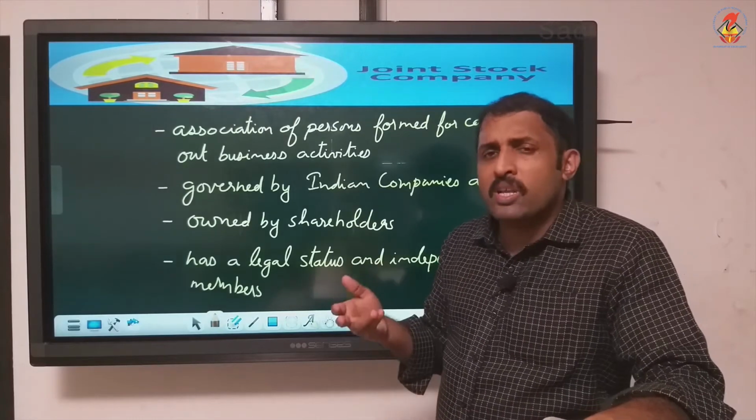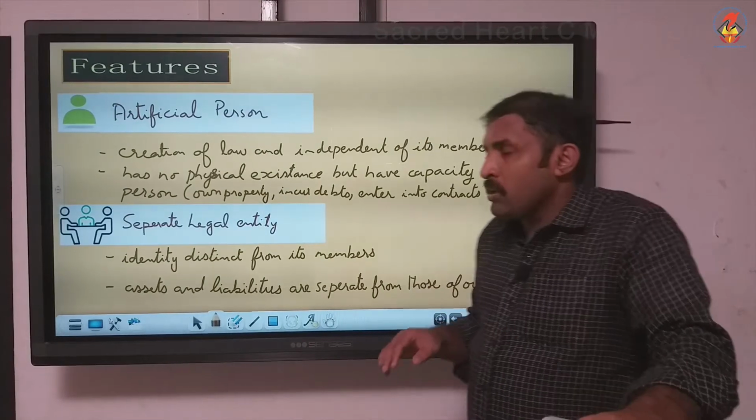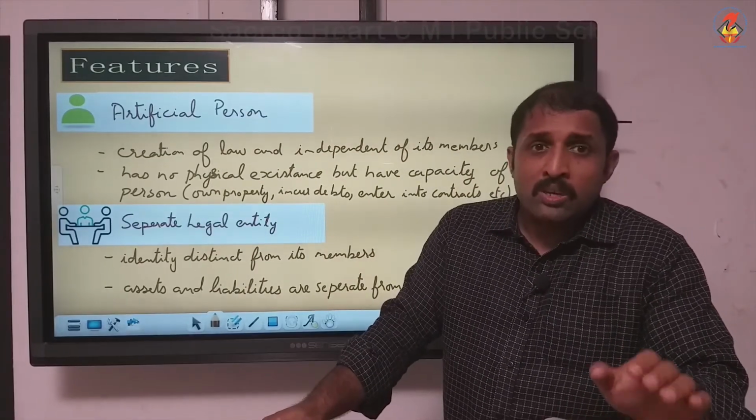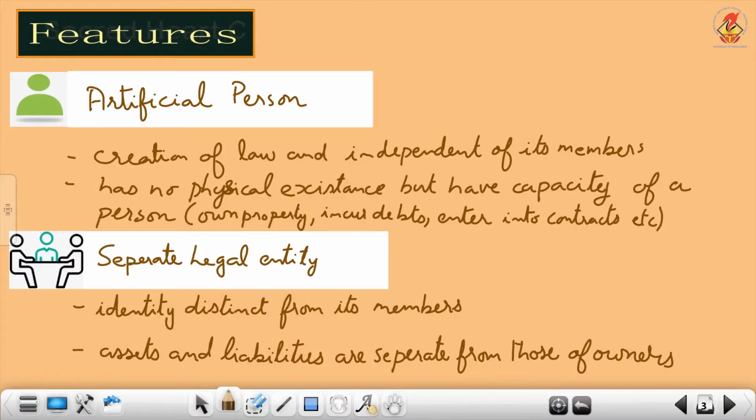Now for better understanding, we will go into the features of joint stock company. Features of joint stock company. It starts with: joint stock company is an artificial person. As I have said earlier, it is independent from its members.